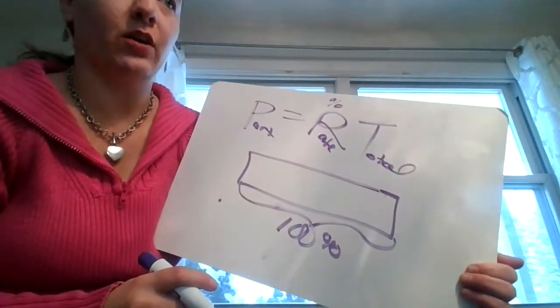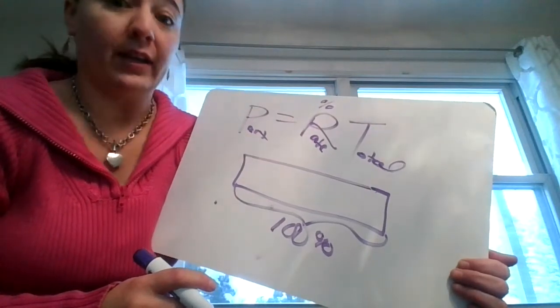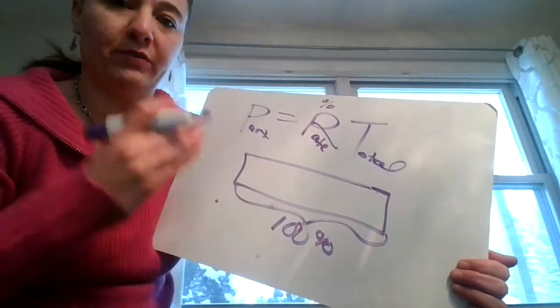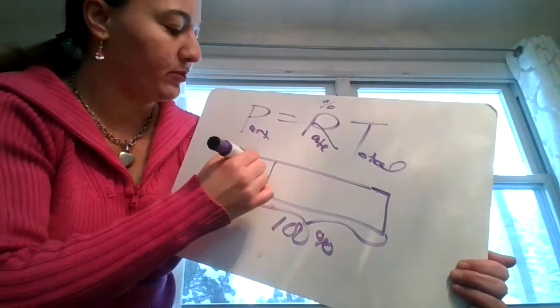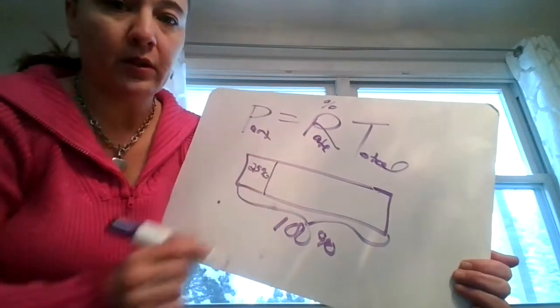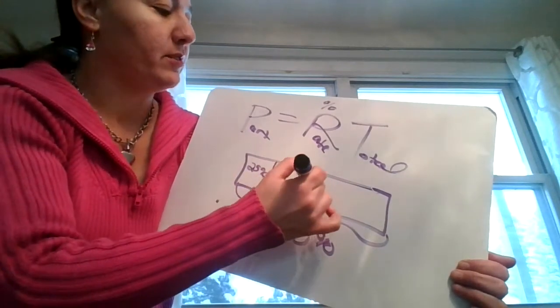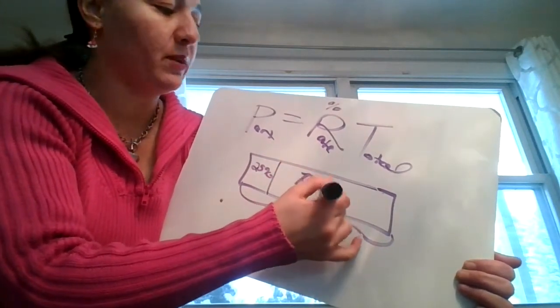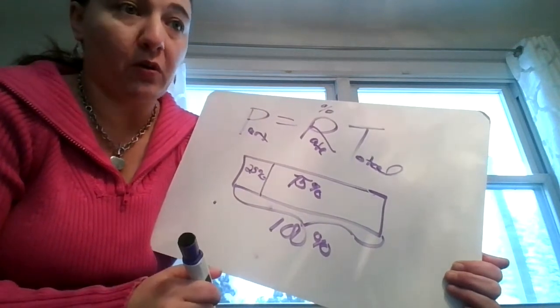Let's say I go and I tweet something incredibly stupid and I lose 25% of my followers. If I lose 25% of my followers, what percent is left? Okay, that would be 75%. Do you know how many people were following me? No, you don't.